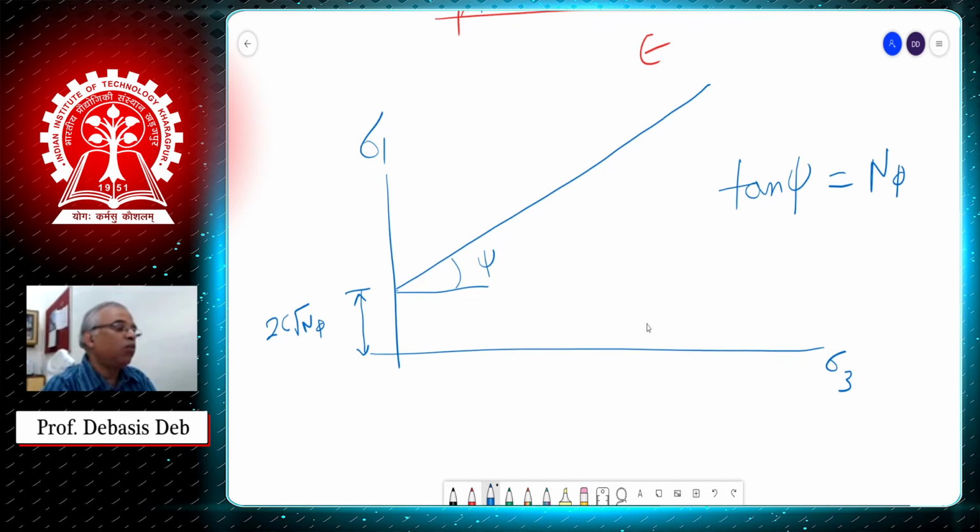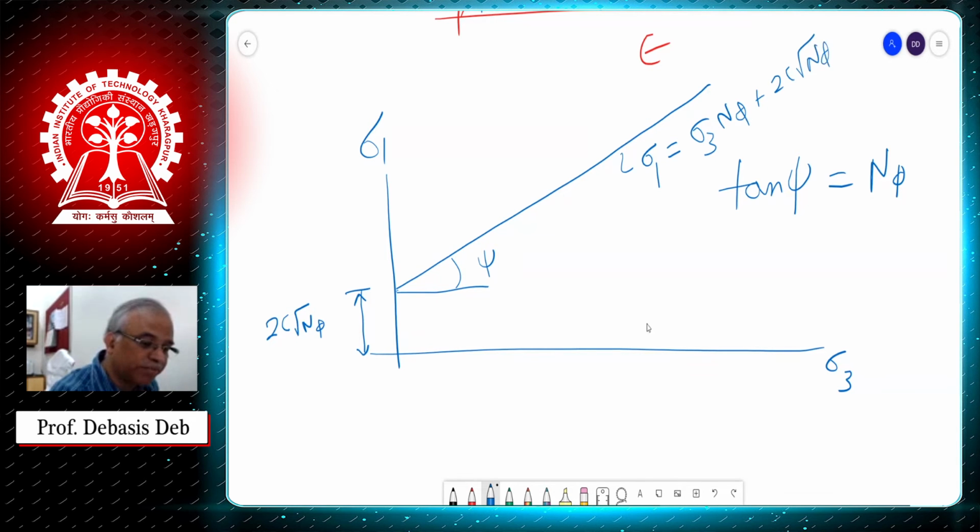This is the Mohr-Coulomb criteria in the sigma 1, sigma 3 plane. So this is sigma 1 equals sigma 3 N phi plus 2c square root of N phi. This is that line. Now, can anybody tell me what this is?